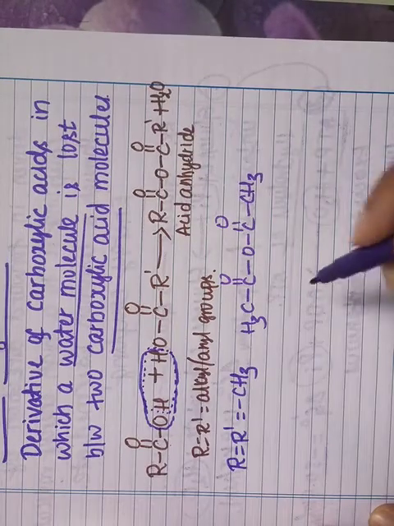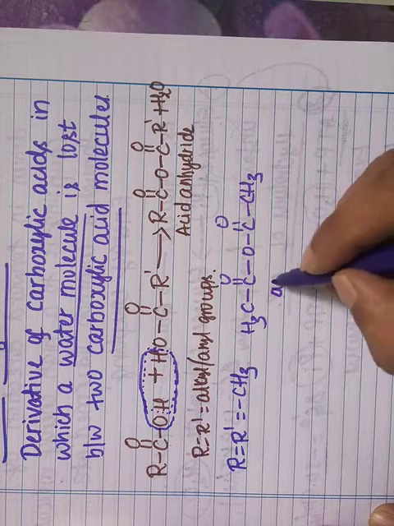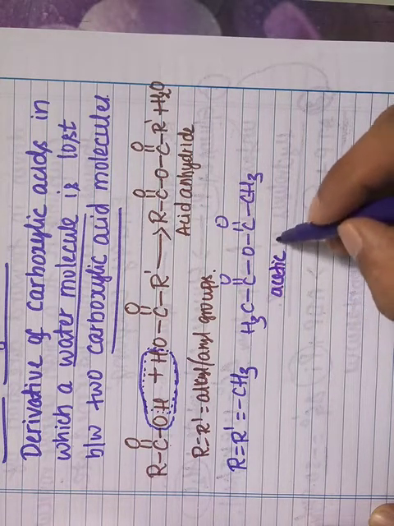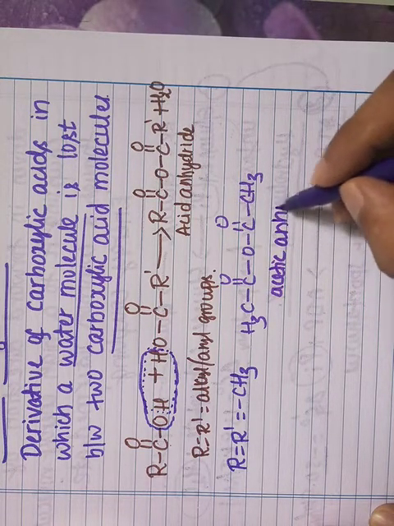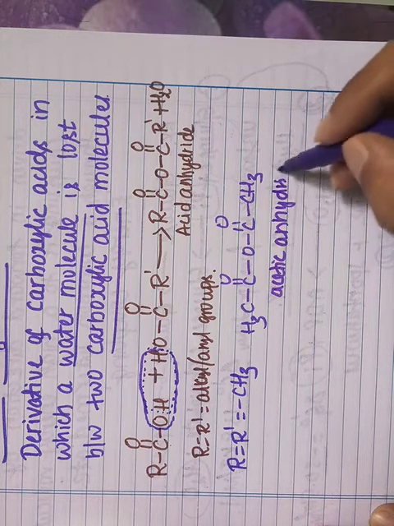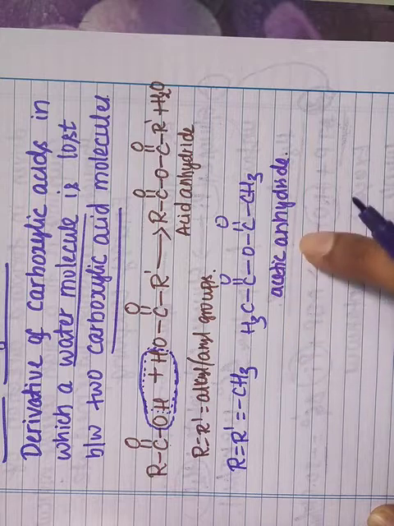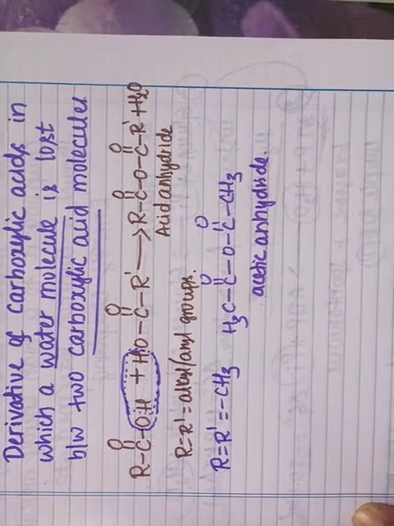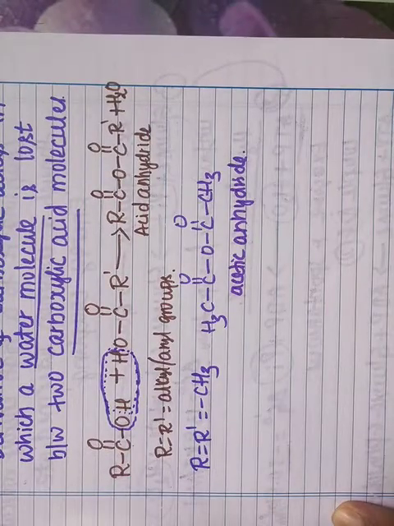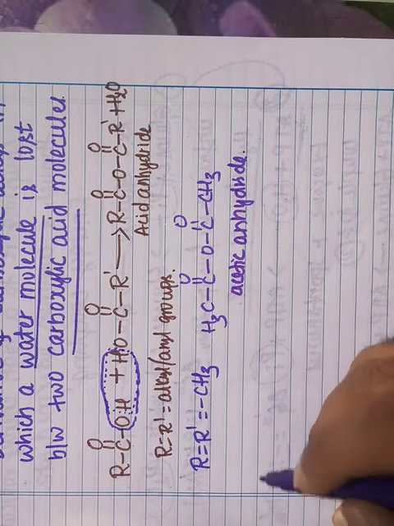So this is acetic anhydride, an anhydride of acetic acid. When two molecules of acetic acid lose one molecule of water between them, acetic anhydride is formed.